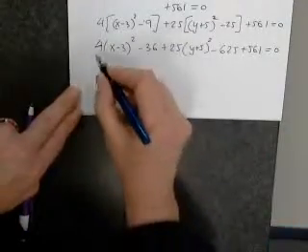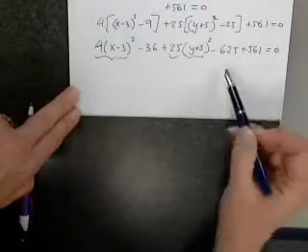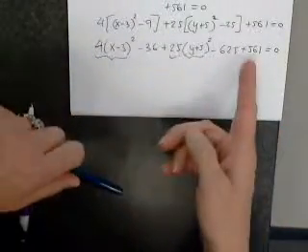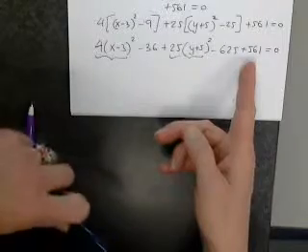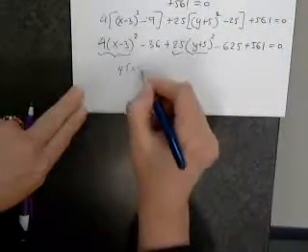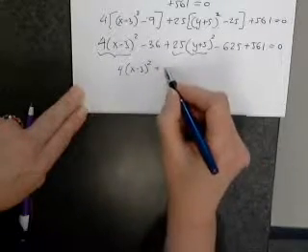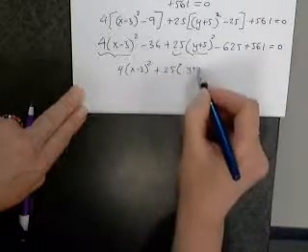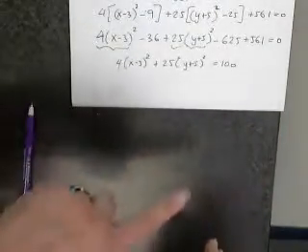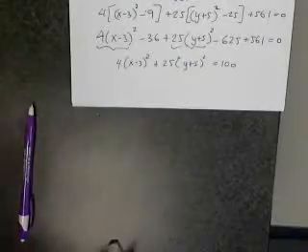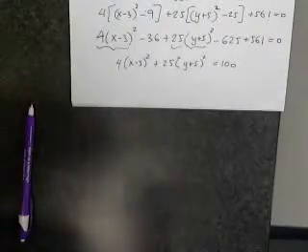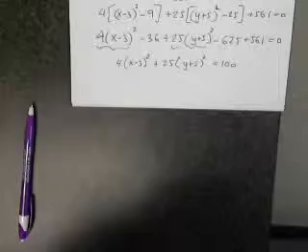Okay, so this will stay, and now negative 625 minus 36 plus 561. I have to move it to the other side. So 4(x minus 3) squared plus 25(y plus 5) squared equals 100. I did not calculate this. It's 100? Okay. Sarah, is that okay? Okay, good. Now I go through my list.